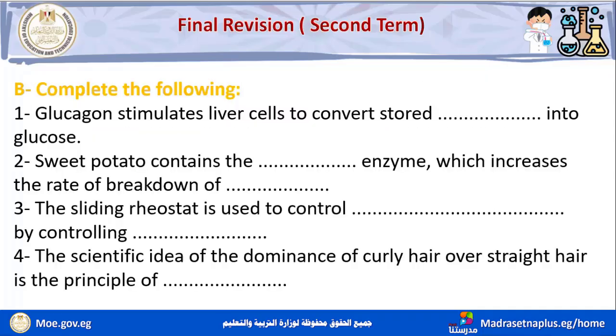Letter B, complete the following. Number 1, glucagon stimulates liver cells to convert stored glycogen into glucose. Number 2, sweet potato contains the oxidase enzyme, which increases the rate of breakdown of hydrogen peroxide.